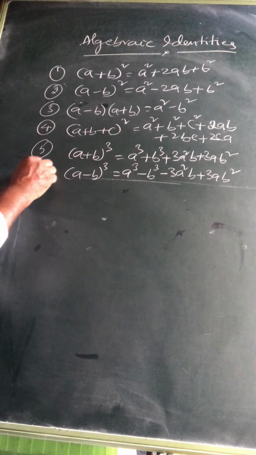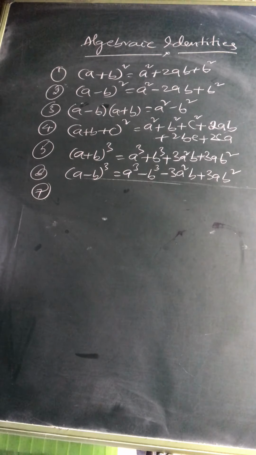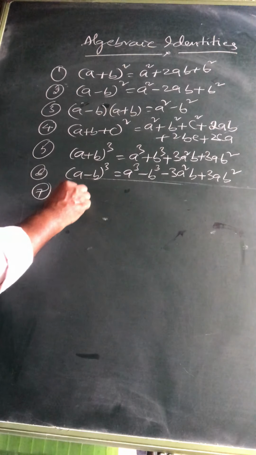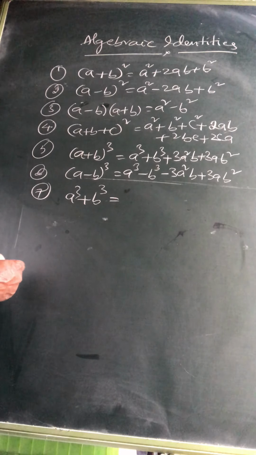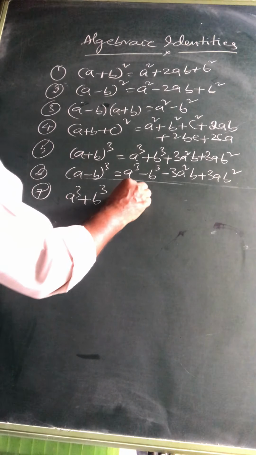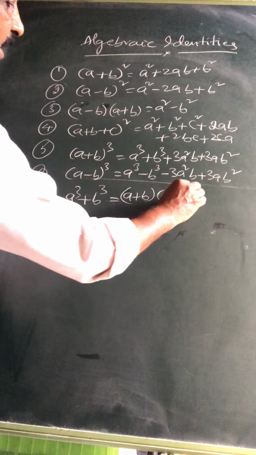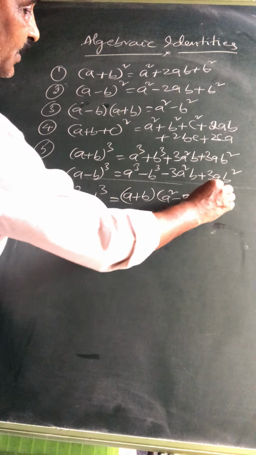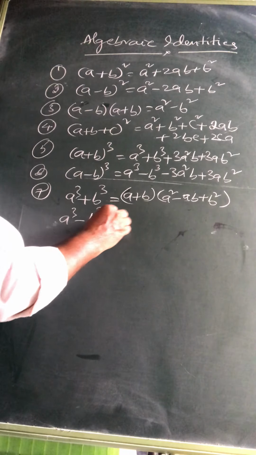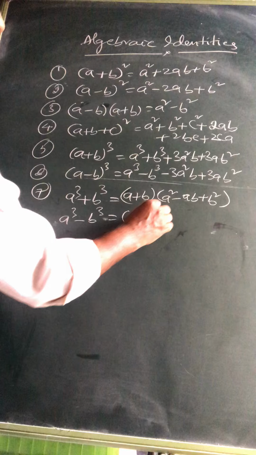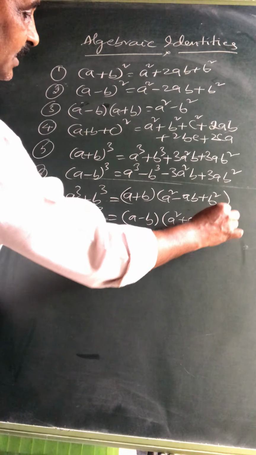These are the cubes, and one more concerning these cubes. a cube plus b cube is equal to (a + b)(a square minus ab plus b square). a cube minus b cube is equal to (a - b)(a square plus ab plus b square).